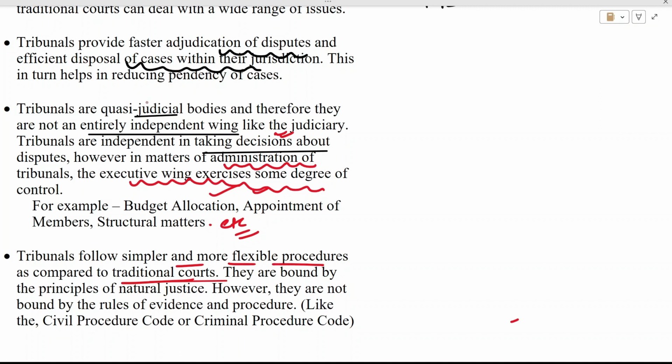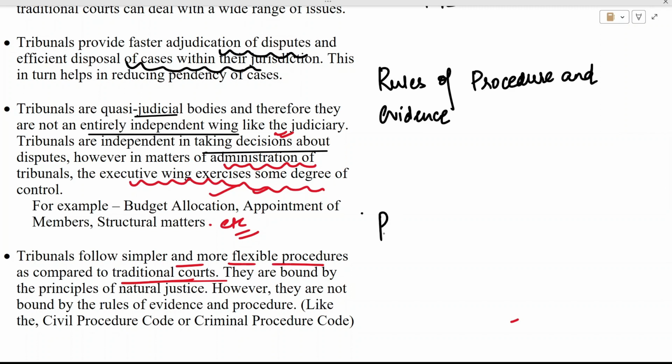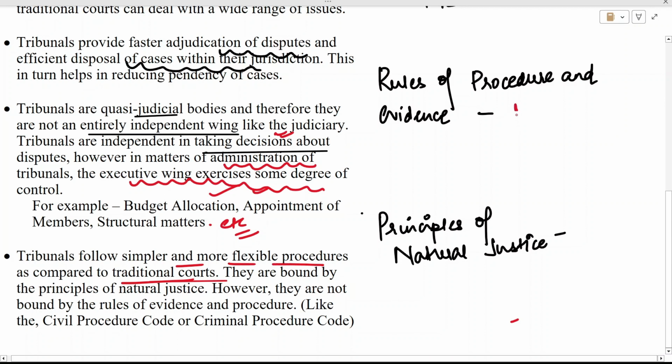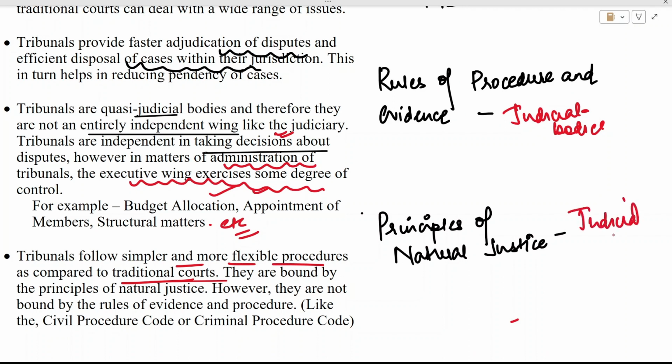Now see, there are two things. One is rules of procedure and evidence, and second is principles of natural justice. If you talk about judicial bodies, which are the traditional courts, then judicial bodies have to follow rules of procedure, and judicial bodies also have to follow principles of natural justice.